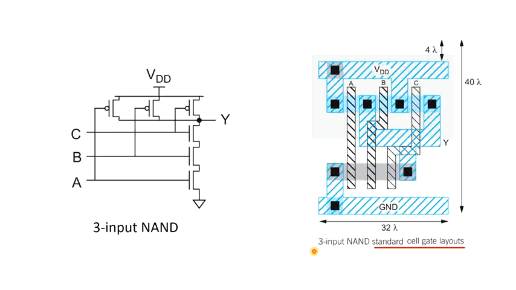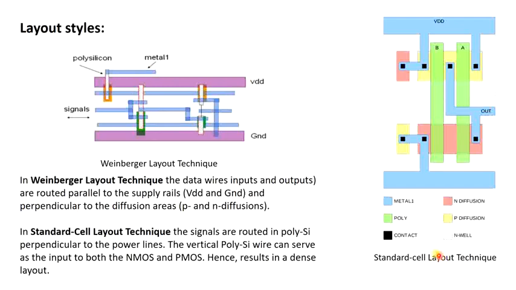And if you have noticed carefully, in the caption of this figure we have written 3-input NAND standard cell gate layout. Okay, what is this standard cell gate? This is one of the layout styles that is generally used. There are generally two popular layout styles, as you can see in this slide. The first one is the Weinberger layout technique, and the second one is the standard cell layout technique.